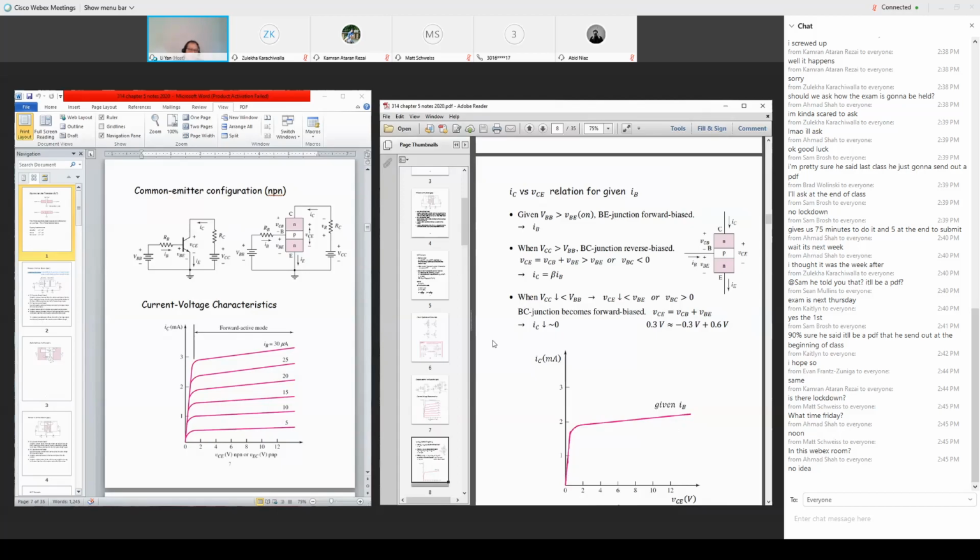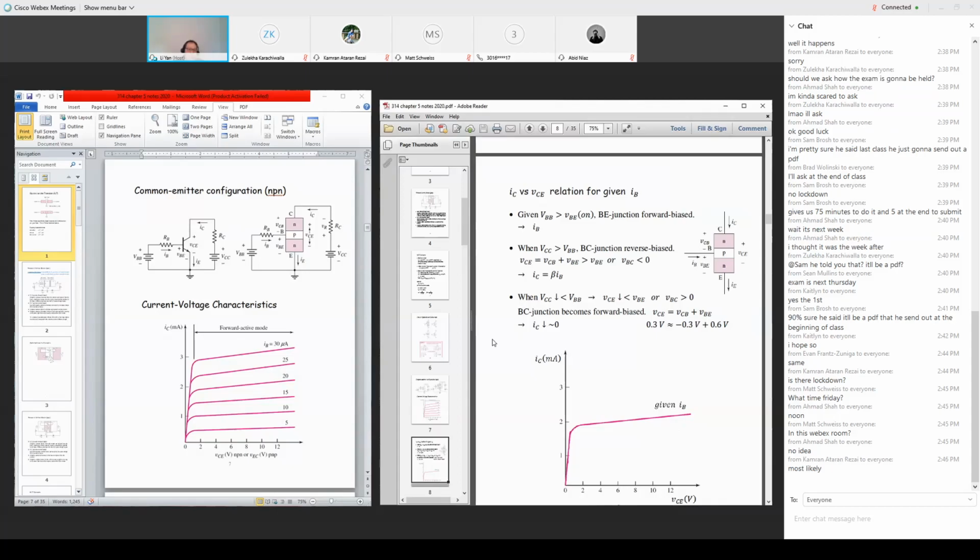Well, looking at the second bullet: if VCC is greater than VBB, the BC junction is reverse biased. But if I reduce VCC further to below VBB, then we know the BC junction will become forward biased.